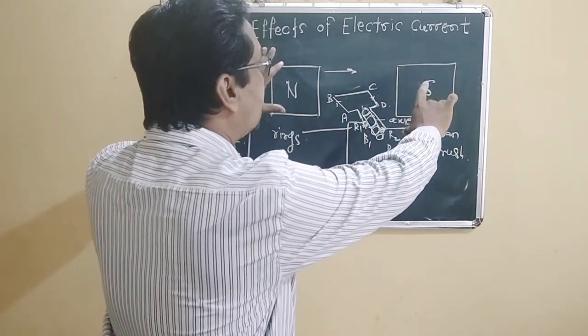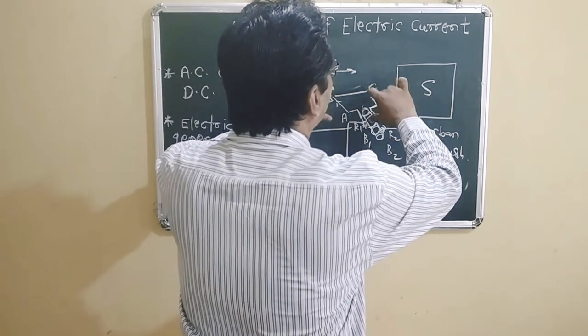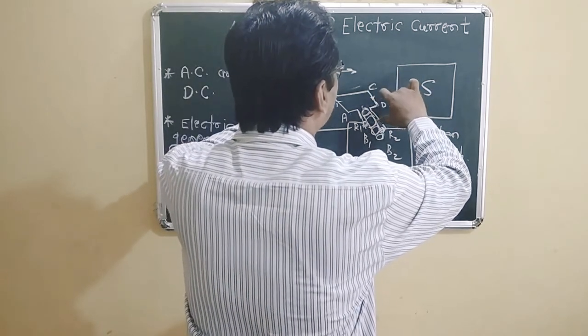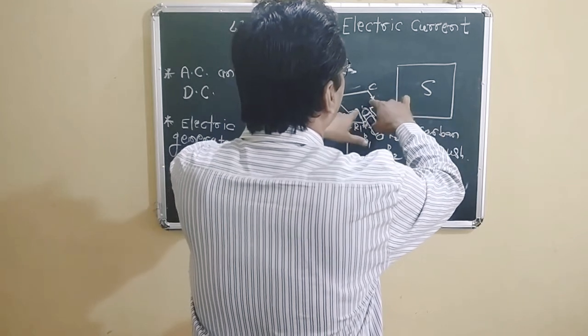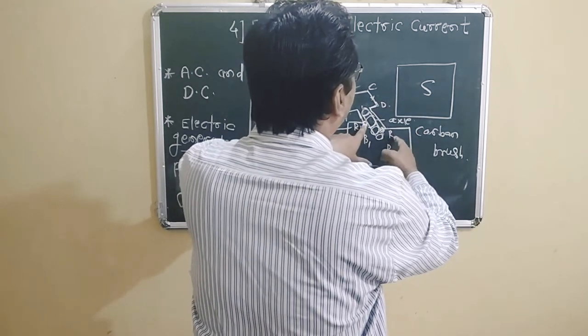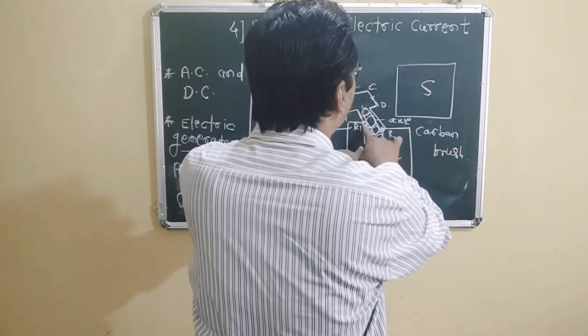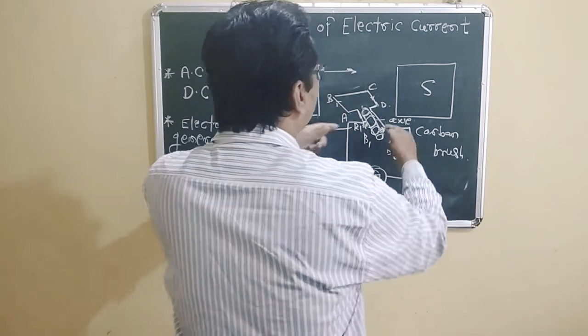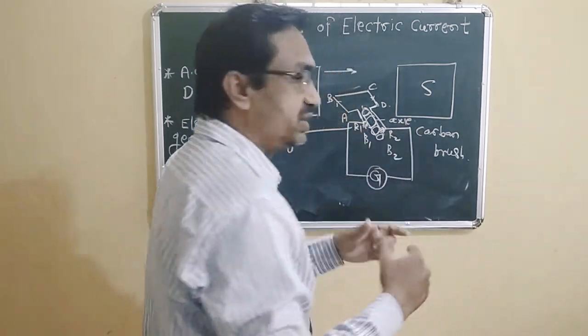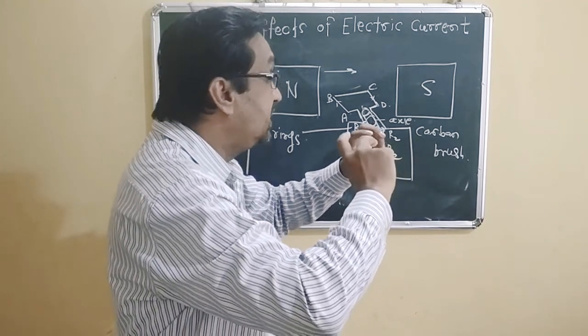A strong magnetic field is there. In it we keep a coil of insulated copper wire. The ends of the loop are connected with rings R1 and R2 via carbon brushes B1 and B2. These two rings are fixed with the axle.